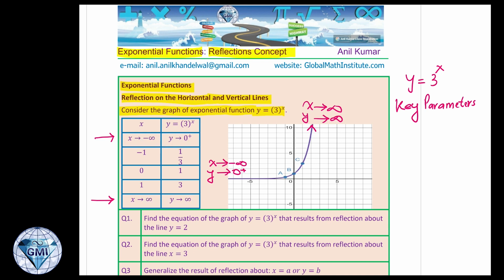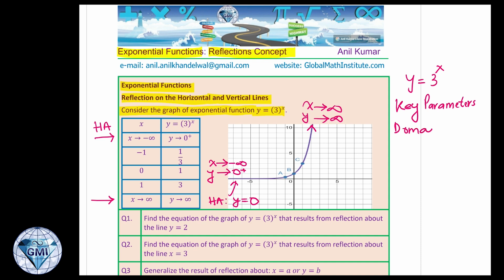Now the first one is also called the horizontal asymptote. Since y is approaching a value, 0 is a value, right? So we have a horizontal asymptote here, which is y equals 0. Is that clear to you? The domain of this function is all real numbers, as you know, right?